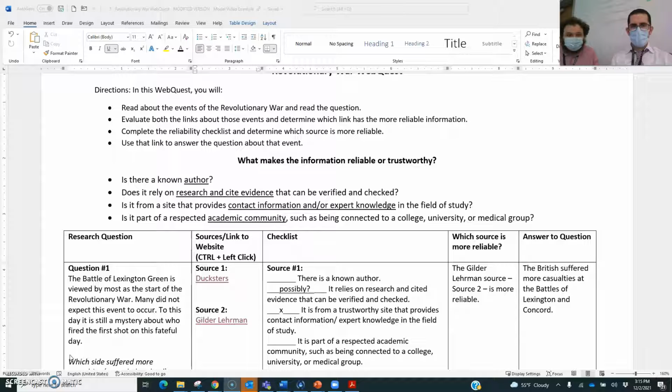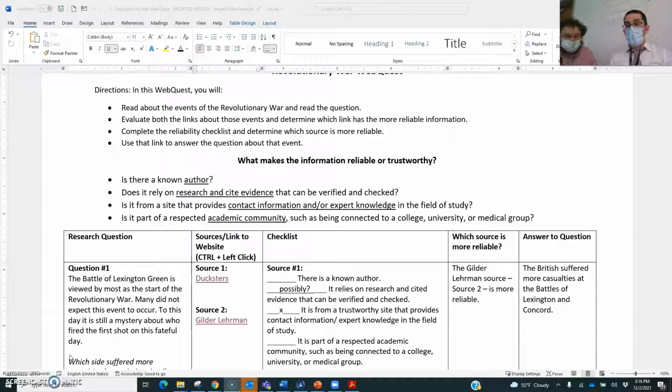Is it part of a respected academic community, such as being connected to a college, university, or medical group? As mentioned before with known author, if it's from, let's say, Harvard University, UMass Amherst, wherever it may be, it's more likely to be trustworthy information because they are professional scholars who gather information and write about things for a living.